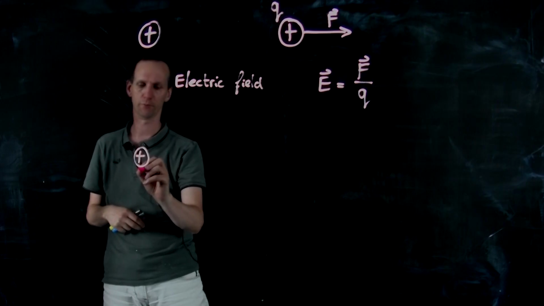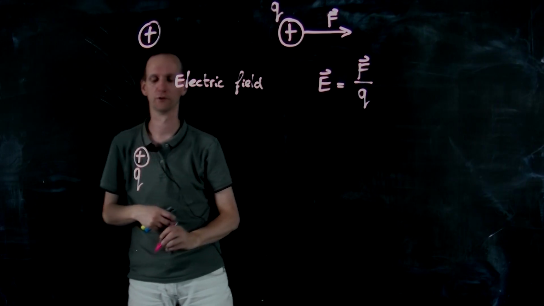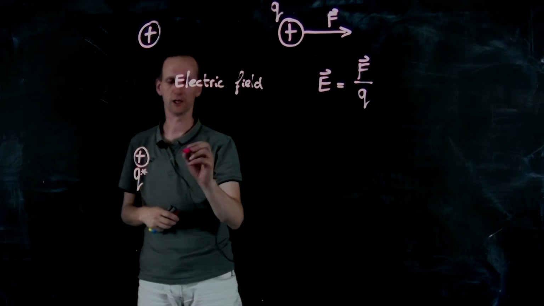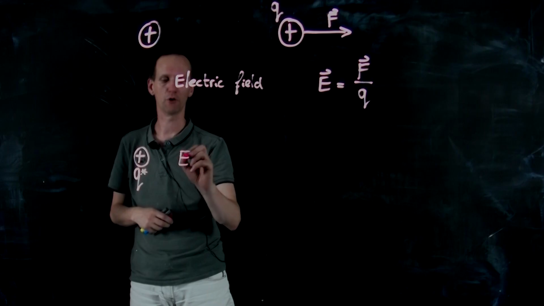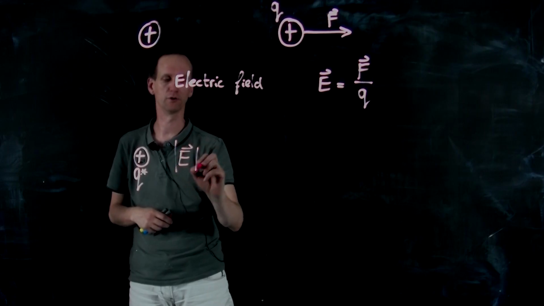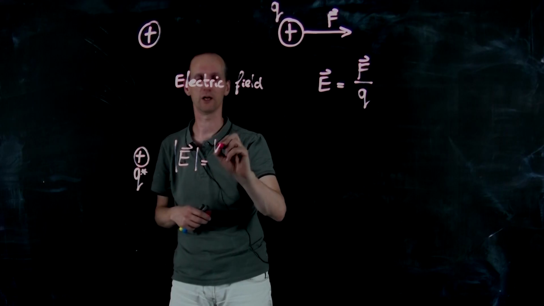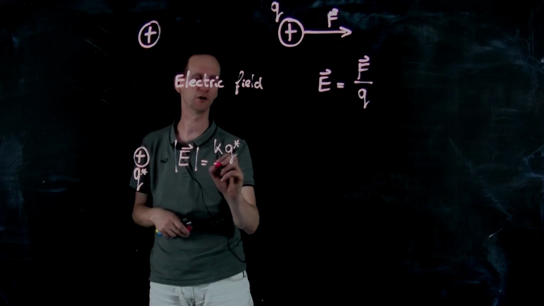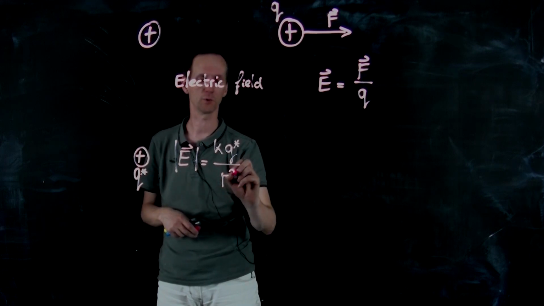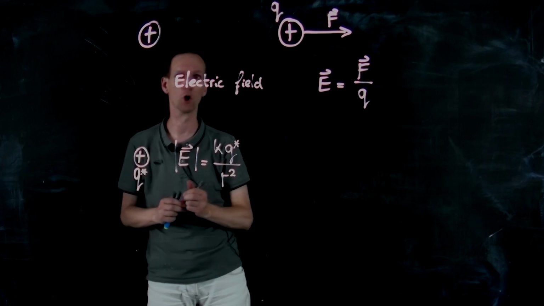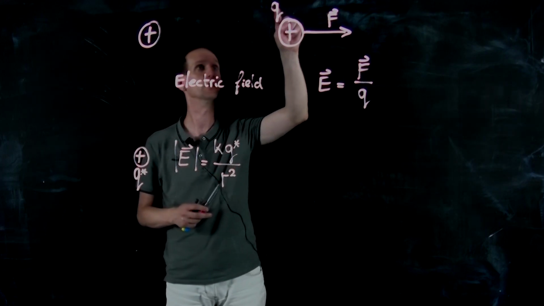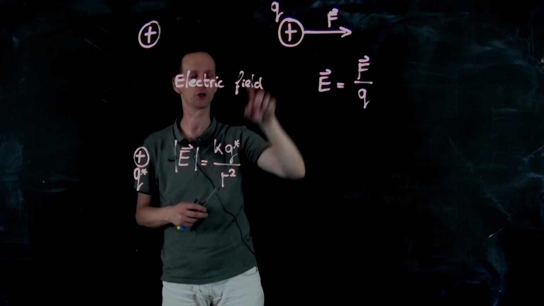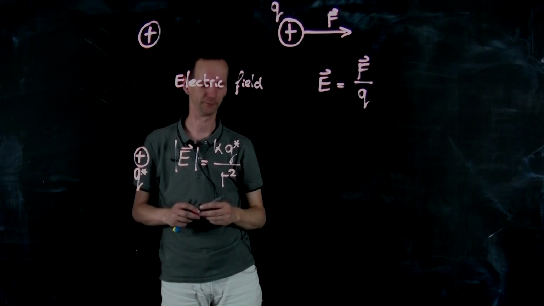If this point charge has a magnitude, which I now indicate by Q star, then the electric field around that particle in magnitude is given by K times this Q star, the magnitude of this charge here, divided by R squared. This directly follows from the Coulomb force on this charge here, which is given by K Q star times this charge Q divided by R squared.